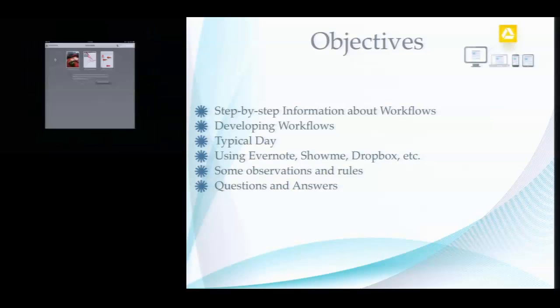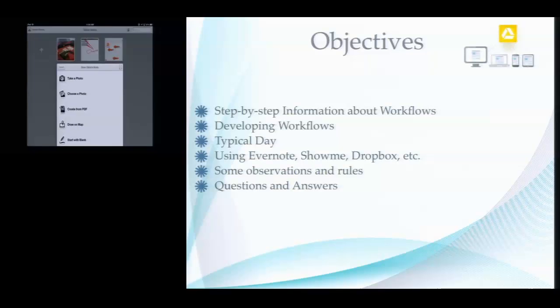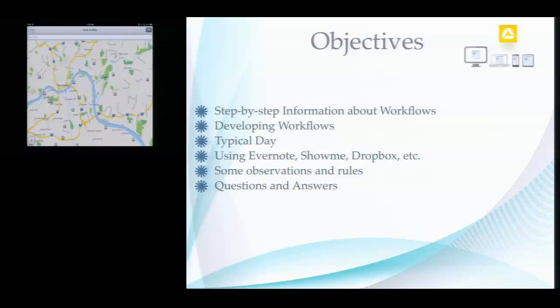When you go in here, you can choose a photo. You can create from PDF. So if you have a PDF, you can draw on a map. I can go on any part of, well, let's see. I have to show you where Thomas More College is located. We are right across the river from Cincinnati.